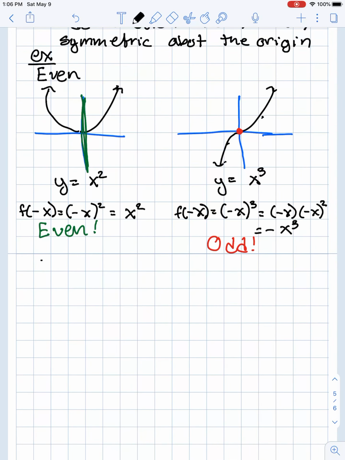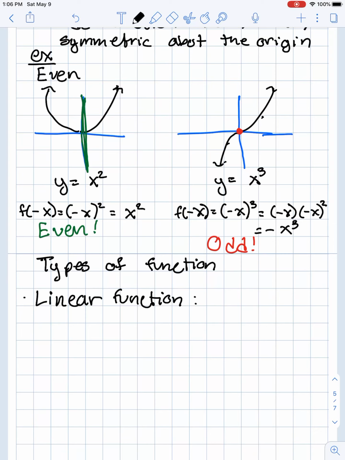So let's move on to types of functions. One type of function that you guys should be pretty familiar with is a linear function. It kind of gives a hint of what it looks like because it has the word line in it. What is the equation for a line? We say that it's y equals mx plus b.